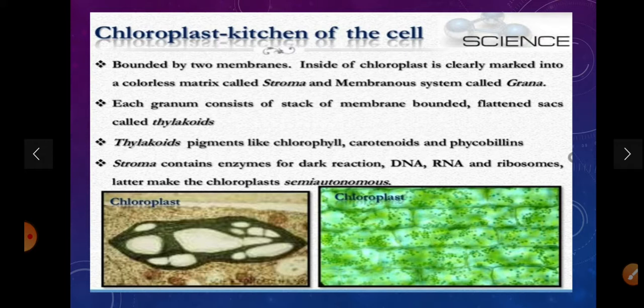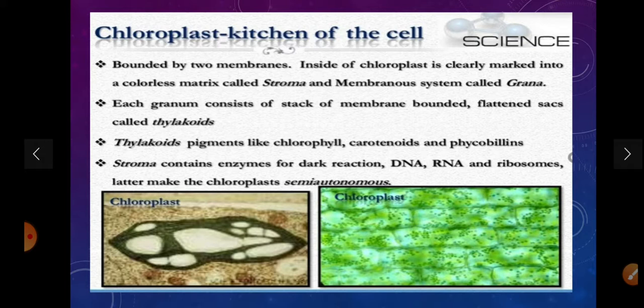Chloroplast, the kitchen of the cell, is bounded by two membranes. The inside of the chloroplast is clearly marked into a colorless matrix called stroma and a membrane system called grana. Each granum consists of a stack of membrane-bounded flattened sacs called thylakoids. Thylakoids contain pigments called chlorophyll, carotenoids, and phycobilins.